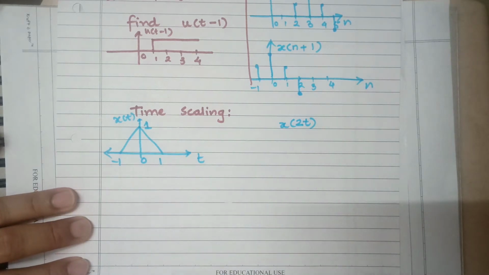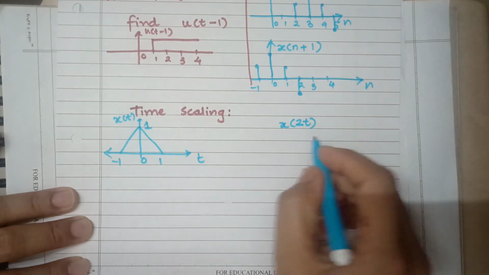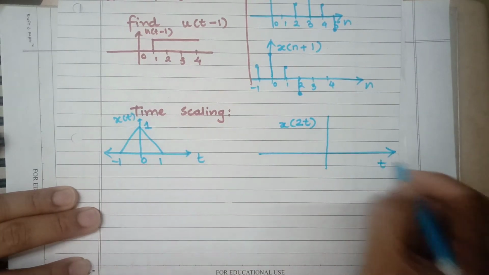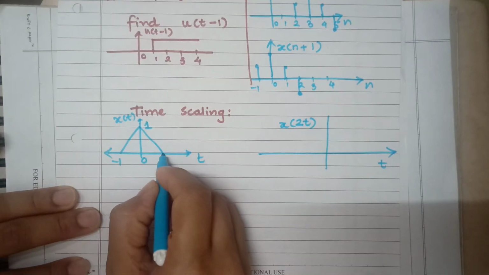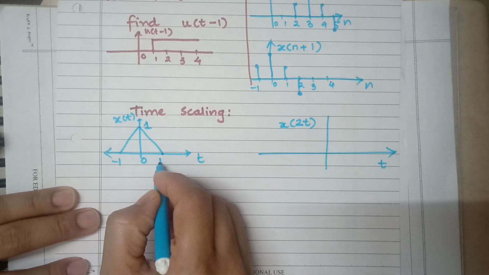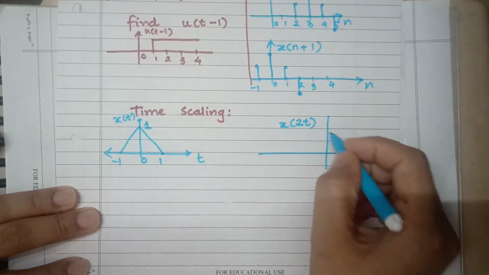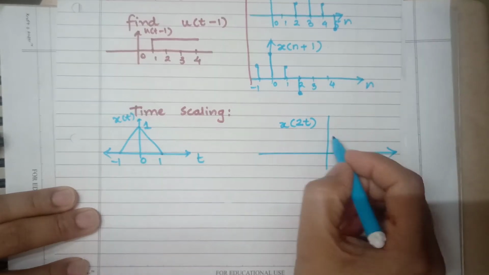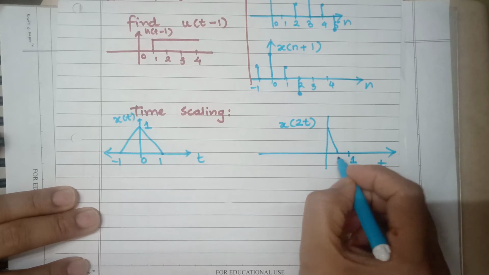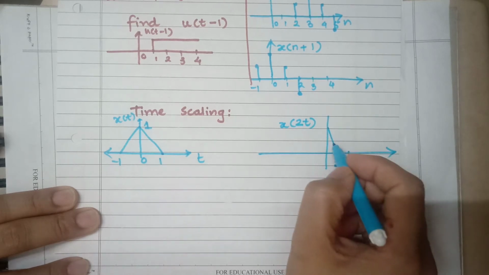Now this sample at this point, where t is equal to 1, we want to divide it by 2. So this will come at half. This will compress actually. So 1 was here, this is 1 by 2.